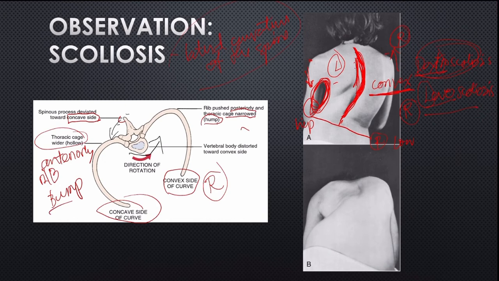This is picture B here. This is a special test we call your Adams forward bending test. It emphasizes the degree of scoliosis. You can see here, this is the rib hump because of the posterior region. The rib hump is very obvious in the Adams forward bending test.